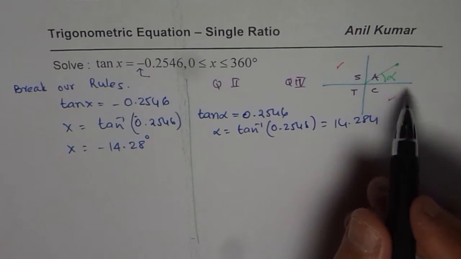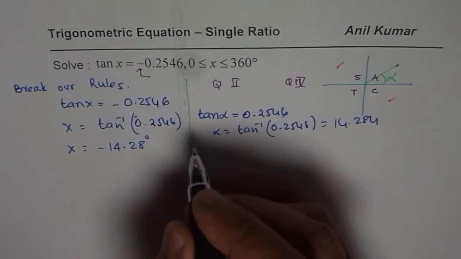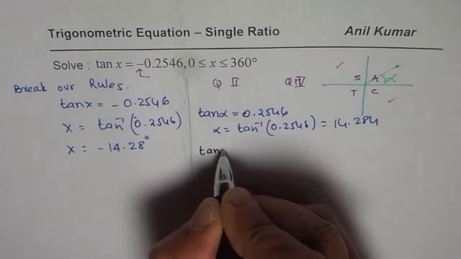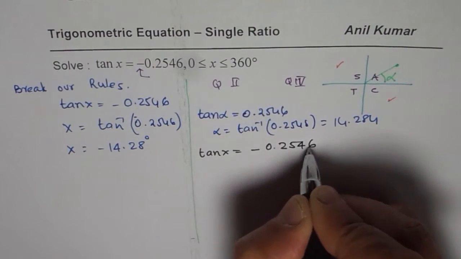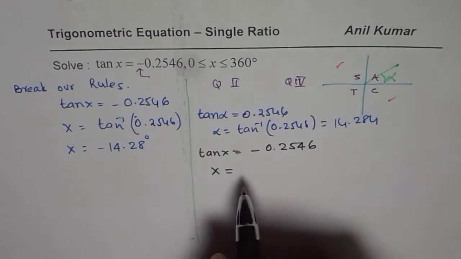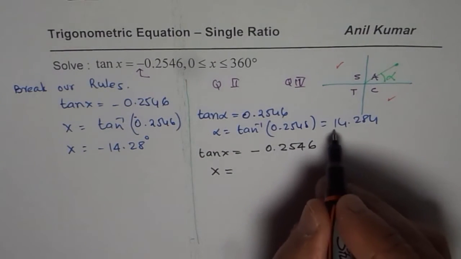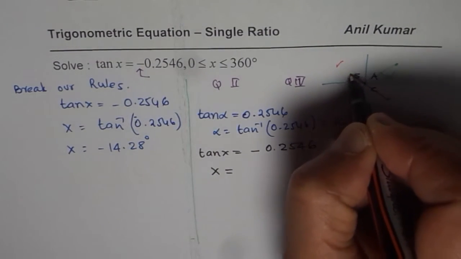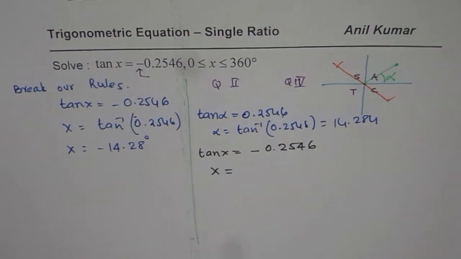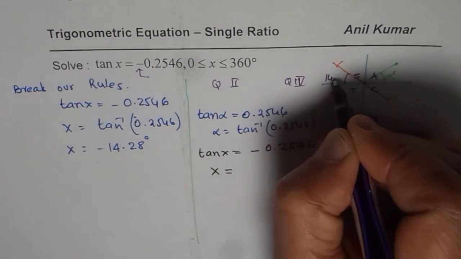What are we looking for? We are looking for x, and that x value should be in quadrant 2 or 4, correct? So let's rewrite. We say tan of x equals minus 0.2546. So x should be equal to what? Now we know that alpha, the acute angle, is 14.28, right?